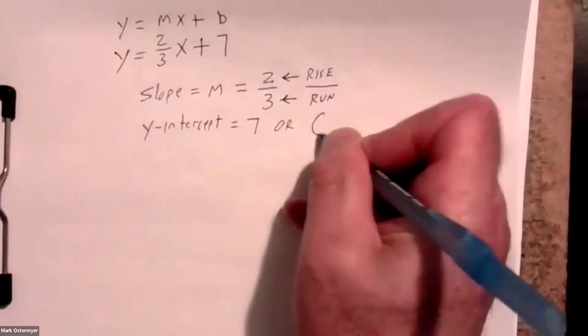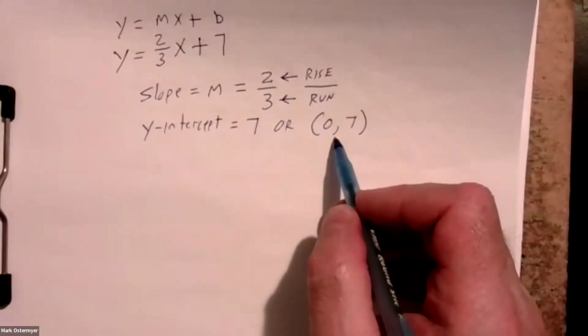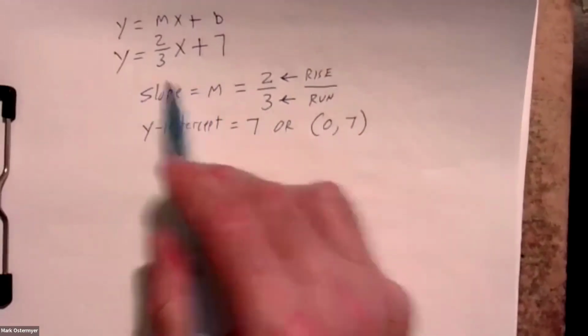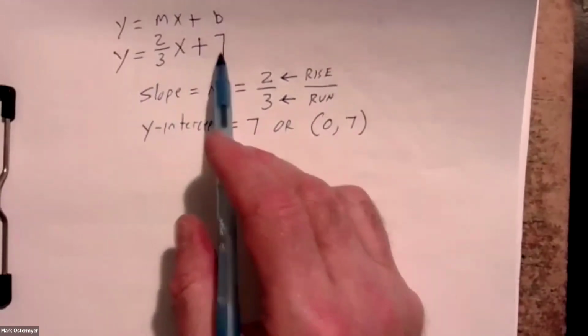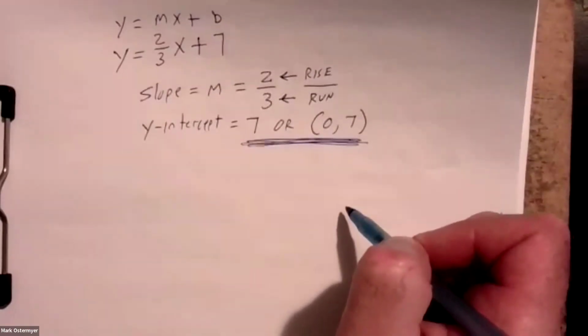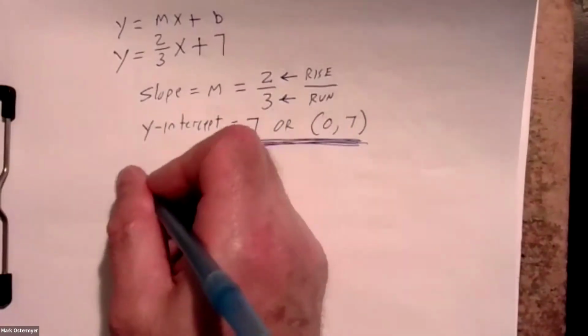Or as an ordered pair, it would be the ordered pair (0, 7). This is where the graph of this linear equation will go through the y-axis. That's called the y-intercept. All right, here's another one. Very good.